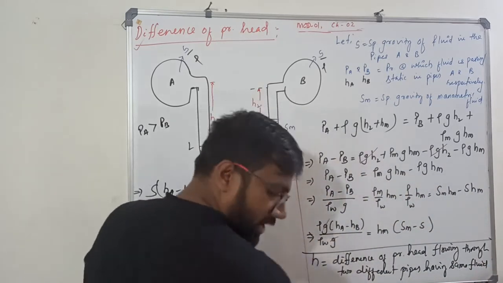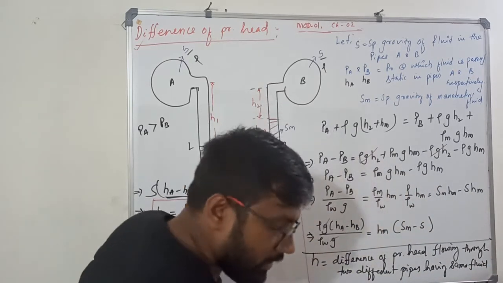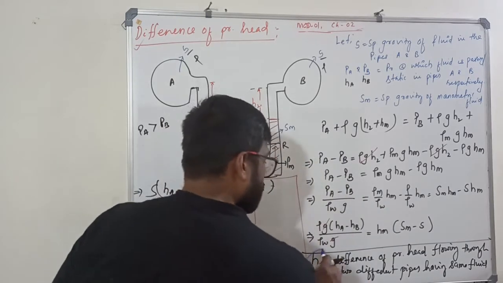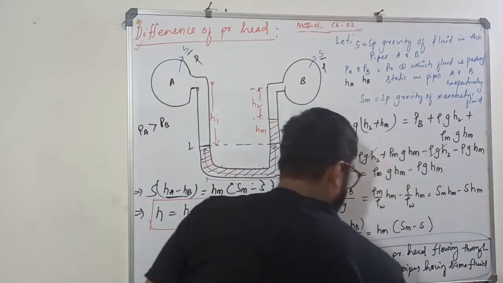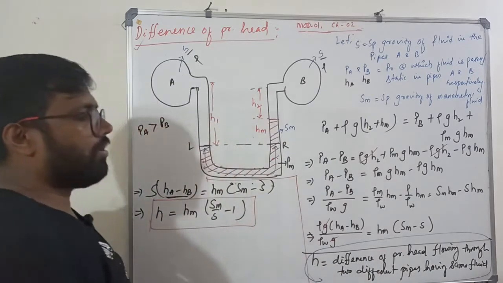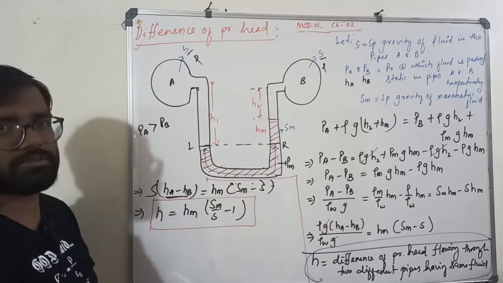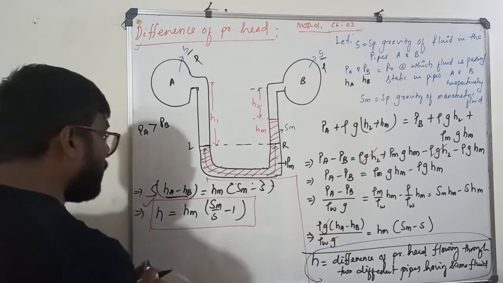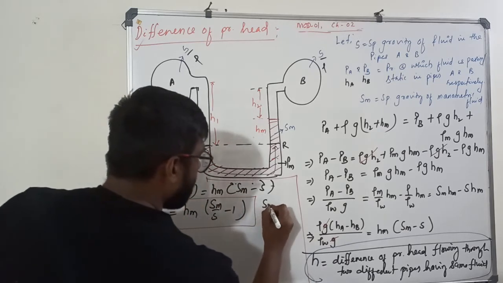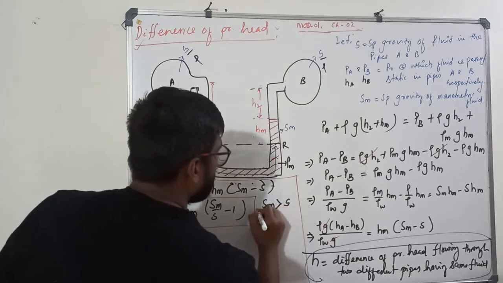This is a very important derivation from the differential manometer point of view. You can solve a lot of numericals, GATE numericals, simply by putting H equal to HM into SM by S minus 1, where in this formula your SM is greater than S.